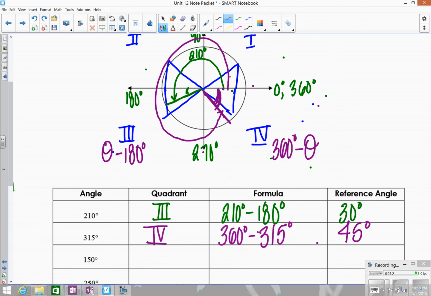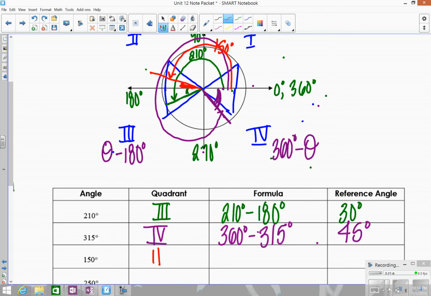If I want to look at 150, 150 is going to end somewhere in the second quadrant. So if this is 150, if I want to find my reference angle for this, I would have to do 180, which is this whole semicircle, and I would subtract off 150, and that would leave me with this little portion.